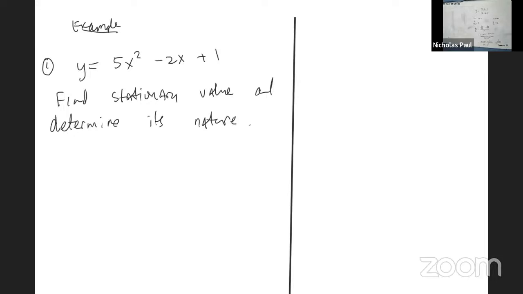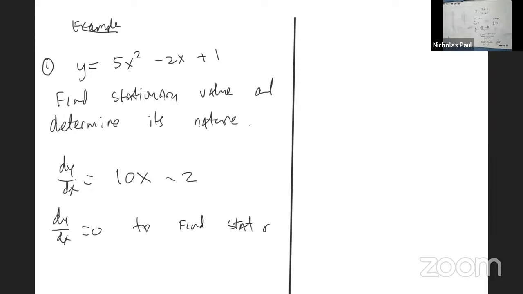Step number 1, we find dy/dx, which is 10x minus 2. Next step, we let dy/dx equal to 0 to find the stationary point.